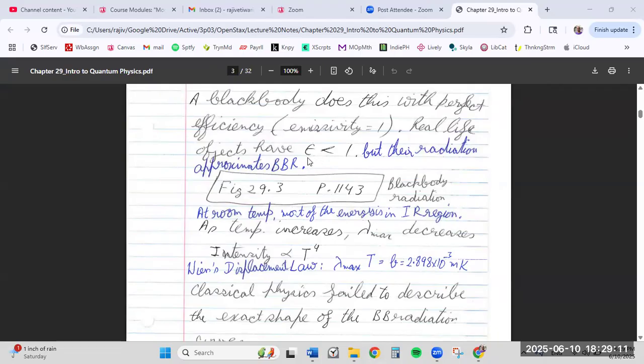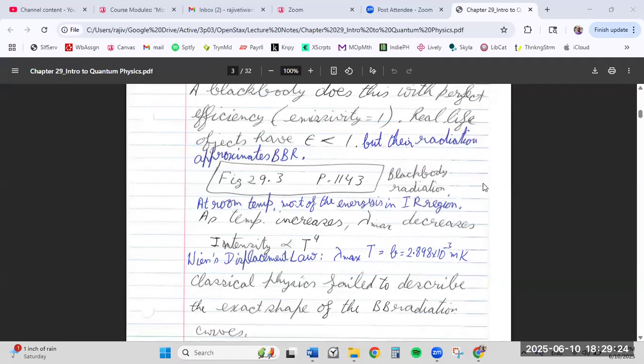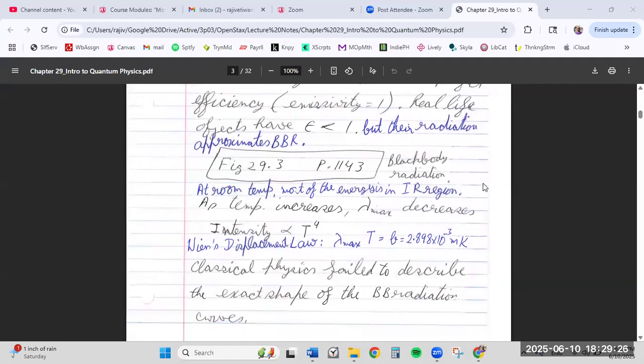Emissivity is represented by the Greek letter epsilon, and all real life objects have an emissivity which is less than 1, so they're less than 100% efficient. And yet their radiation can approximate black body radiation.